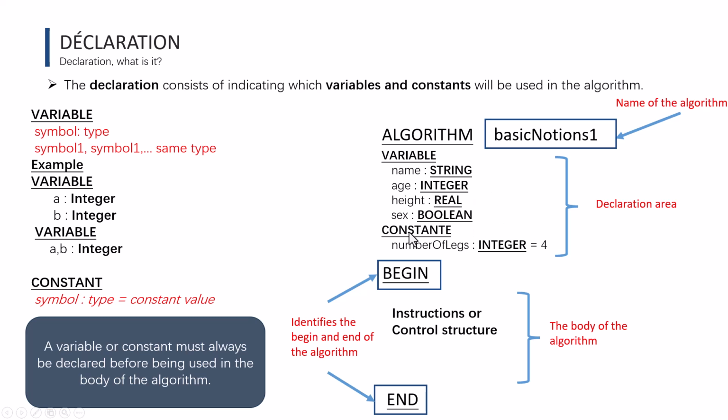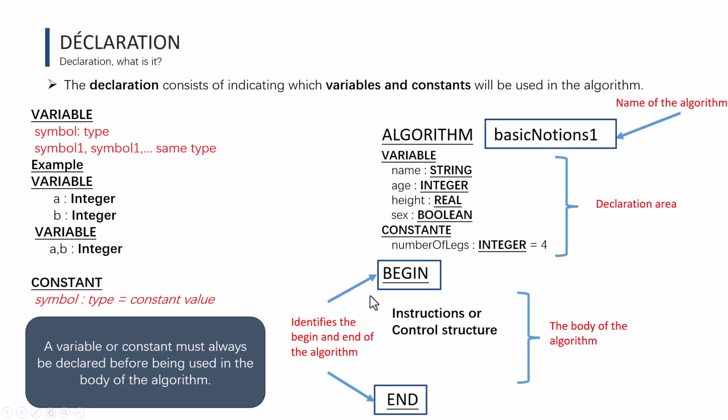After that, you declare your constants if you have any, like in our case the number of legs, an integer, directly equal to the constant value, which will be 4. This part where you declare the variables and constants is called the declaration area.